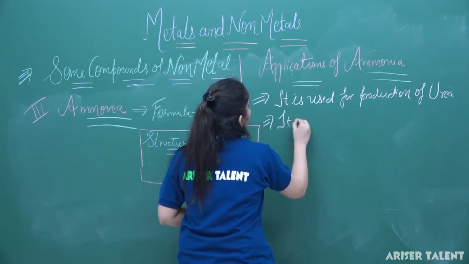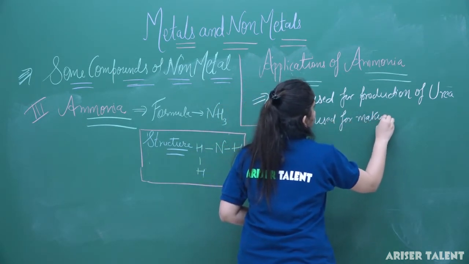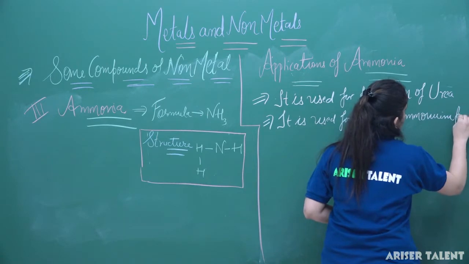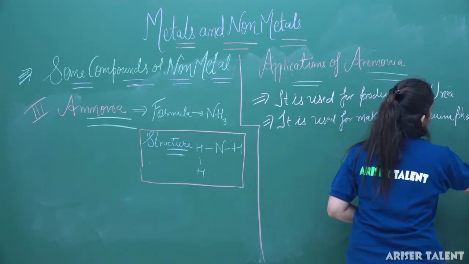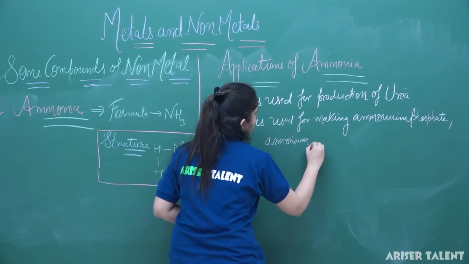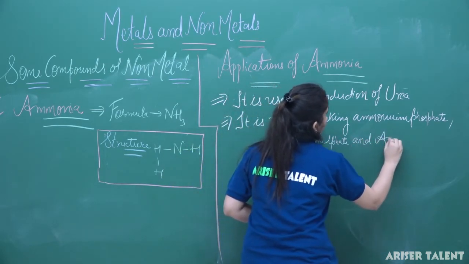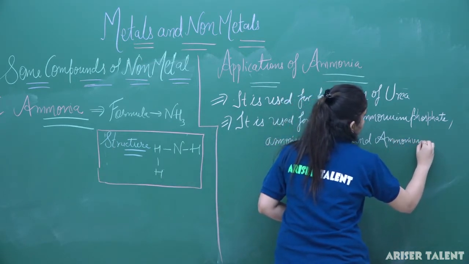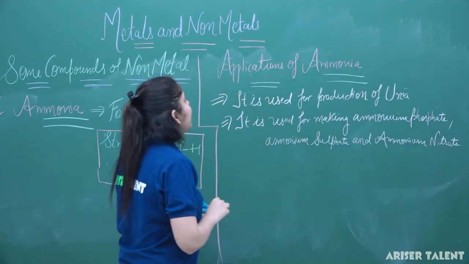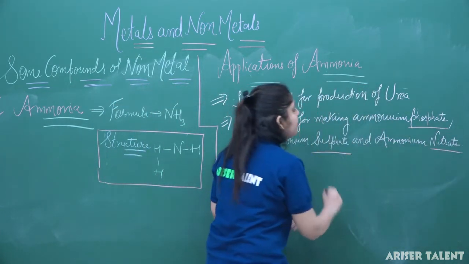The second application is that it is used for making ammonium phosphate, ammonium sulfate, and ammonium nitrate. These kinds of fertilizers can be prepared from ammonia, containing phosphate, sulfate and nitrate respectively.